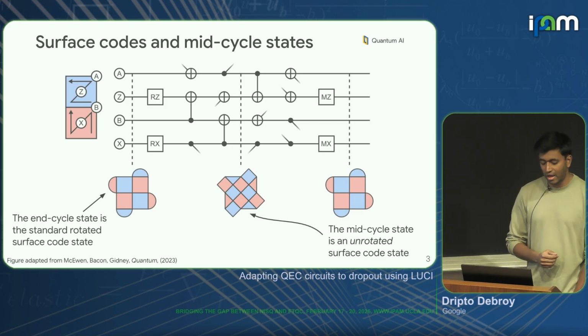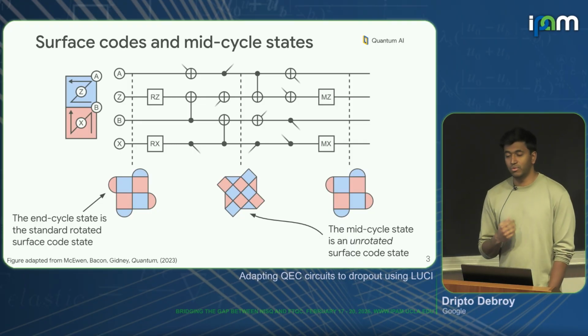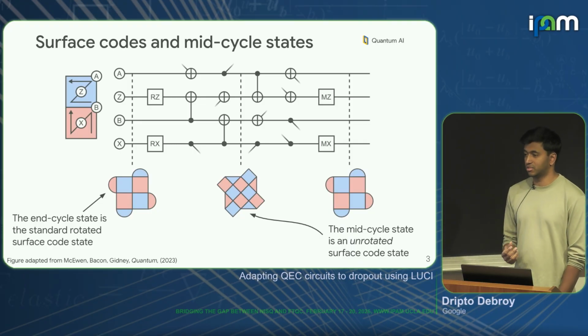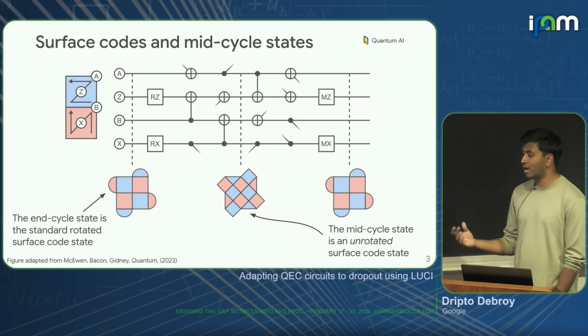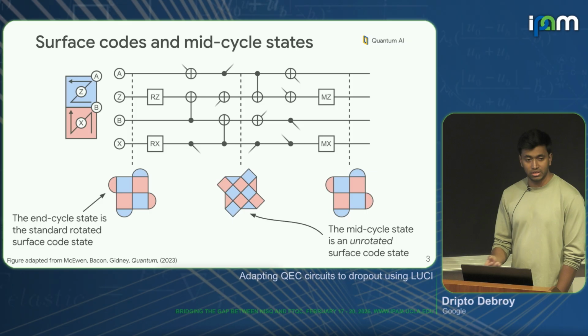And the interesting thing they found in that paper was that you actually could think about surface code circuits not as measuring these end cycle stabilizers, but as measuring these mid-cycle stabilizers and then re-preparing them. And so you can basically derive almost an identical circuit to the usual surface code circuit by instead thinking about measuring diagonals of this mid-cycle state, re-preparing them, and then measuring the opposite diagonals in the next round.